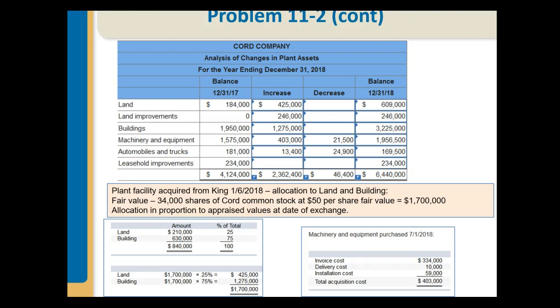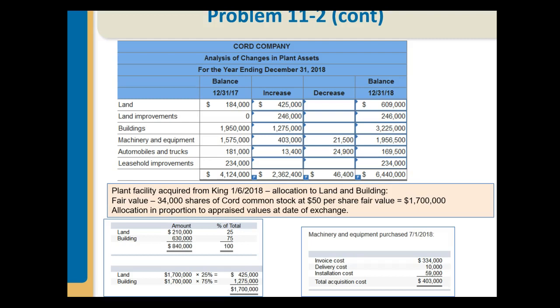The building of $1,275,000 is an increase for the year, with the balance as of the end of December 2017 of $1,950,000, we add the building, we have an ending balance here of $3,225,000.